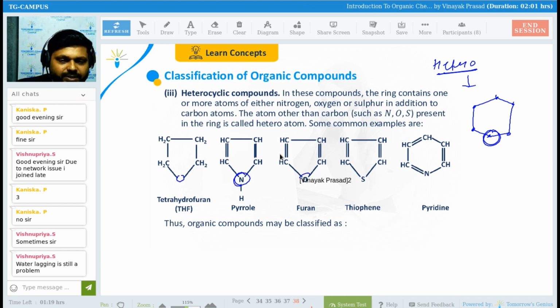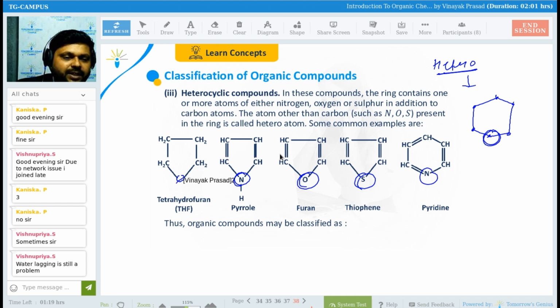Here again O is there, it is heterocyclic. Here S is there, so heterocyclic. In the ring, everything should be carbon. At every corner, if it is carbon, then it will be called homocyclic. And if in any ring anything apart from carbon is there, it will be called heterocyclic. Is it okay?